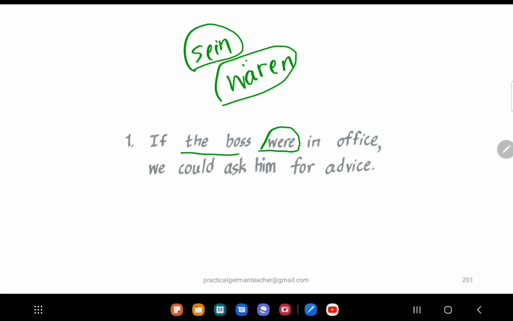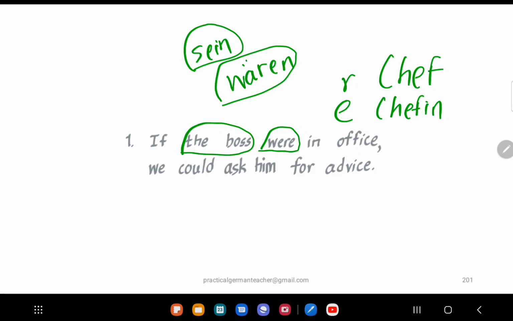Then you need to know how to say the boss in German. The boss is der Chef. If it happens to be a woman, it will be die Chefin. Office: you will have to use in as a preposition, and it happens also in German. How do you say office? Office is Büro, it is das Büro.